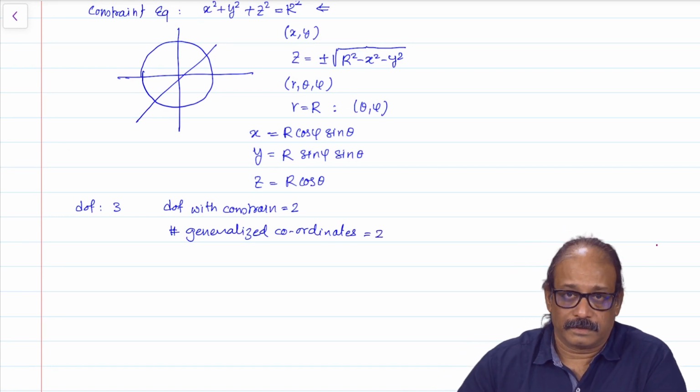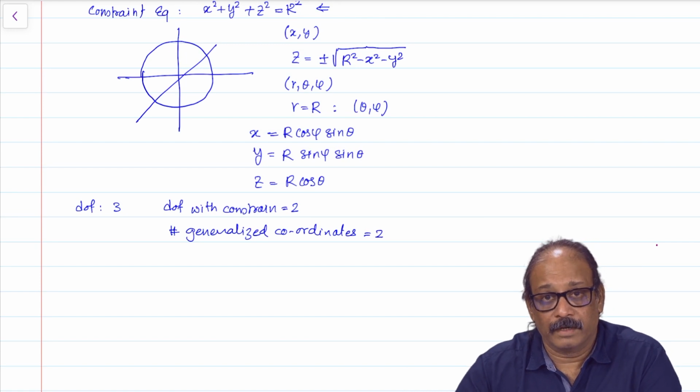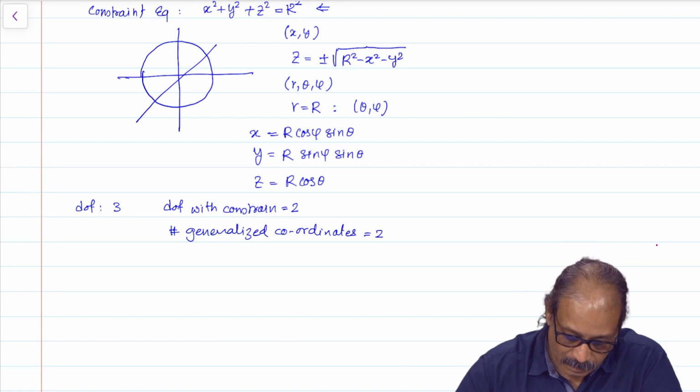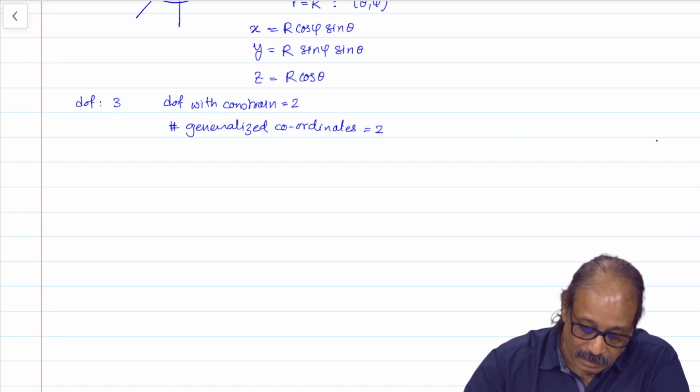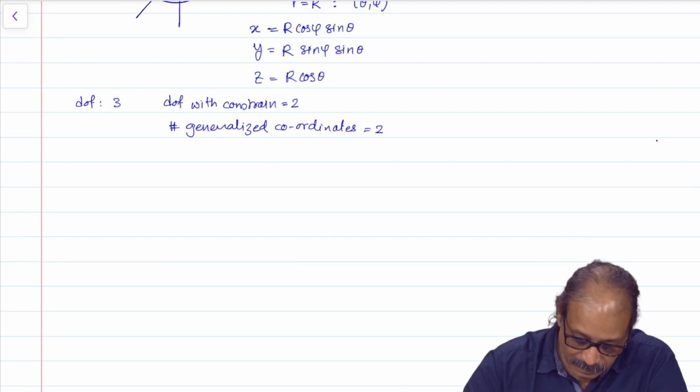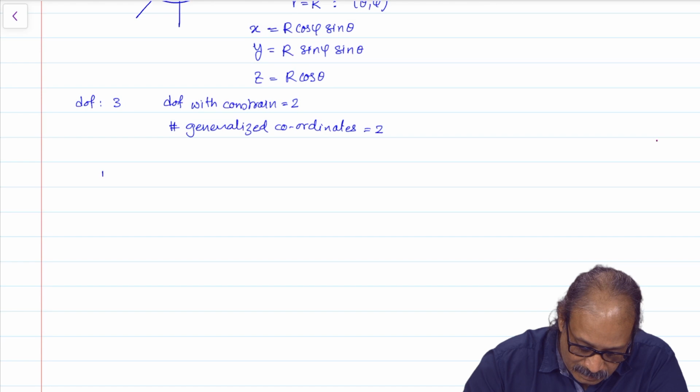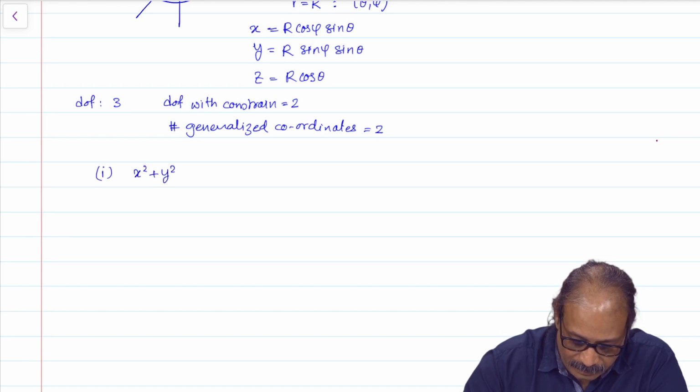Now, what I am going to do is this: I am going to add one more constraint to this problem. In addition to the existing constraint, the first constraint was x square plus y square plus z square is equal to r square. Let us add one more constraint to this.